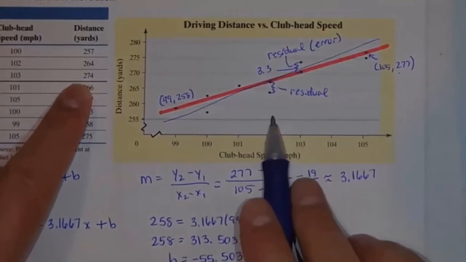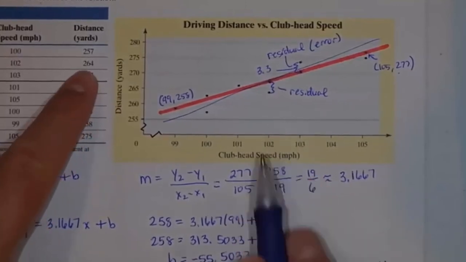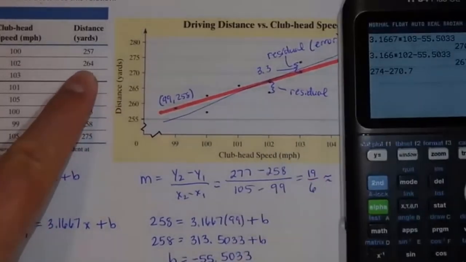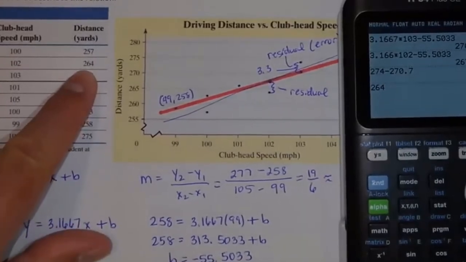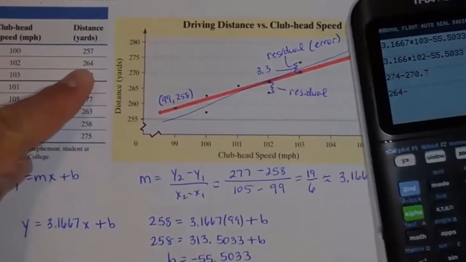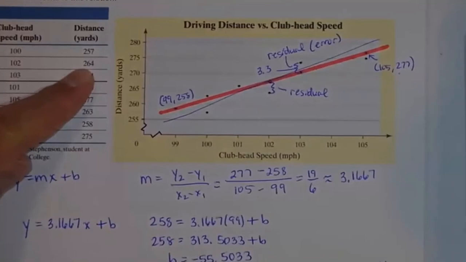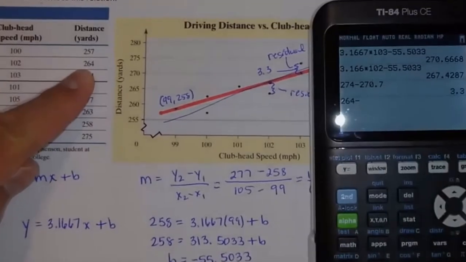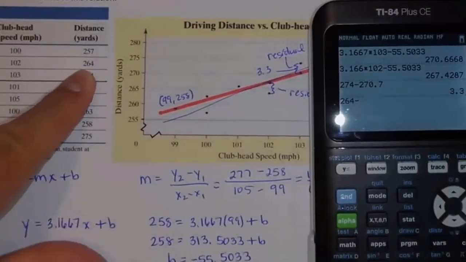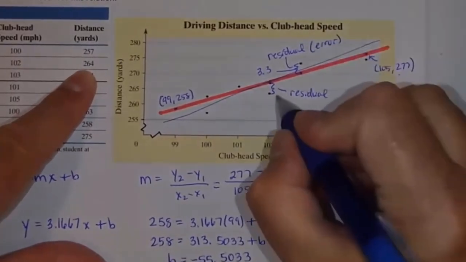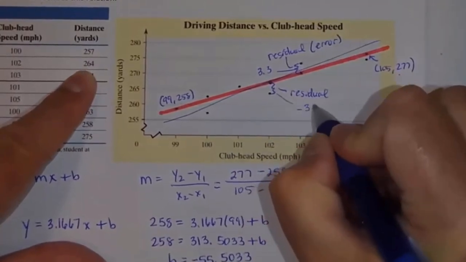For the 102 centimeter bear, the observed weight was 264. So if I take 264 minus the predicted weight, 267.4, that is negative 3.4. So this residual right here was negative 3.4.